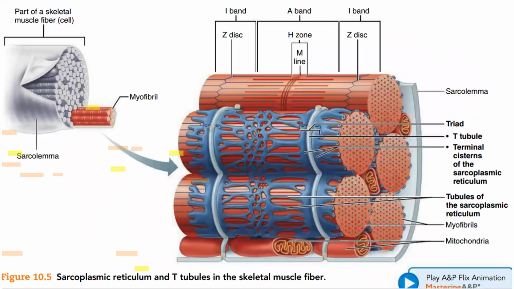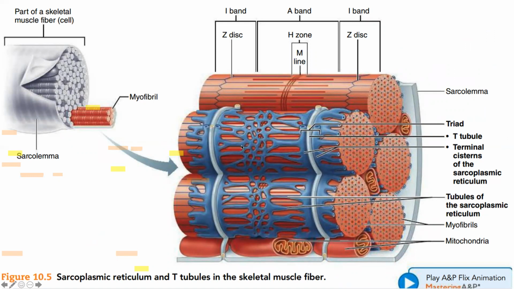So now when we see the sarcomere here, these sarcomeres are wrapped together by sarcoplasmic reticulum. Look at that. These blue structures, which are not veins, are called sarcoplasmic reticulum.